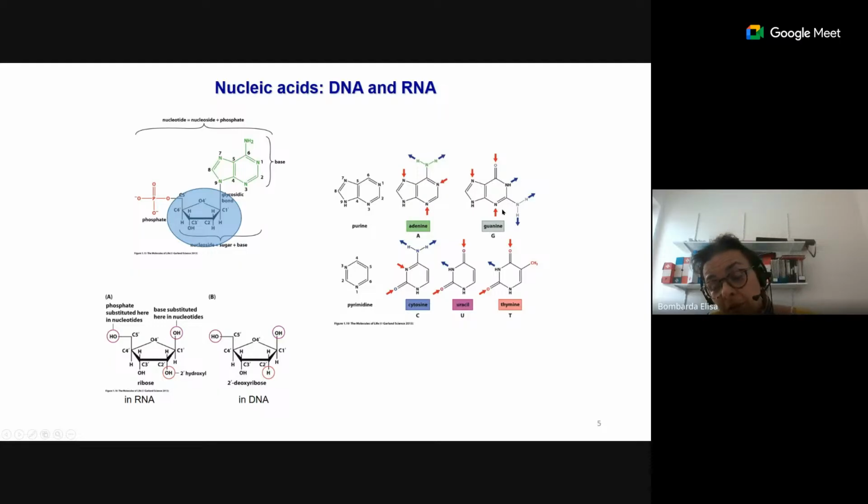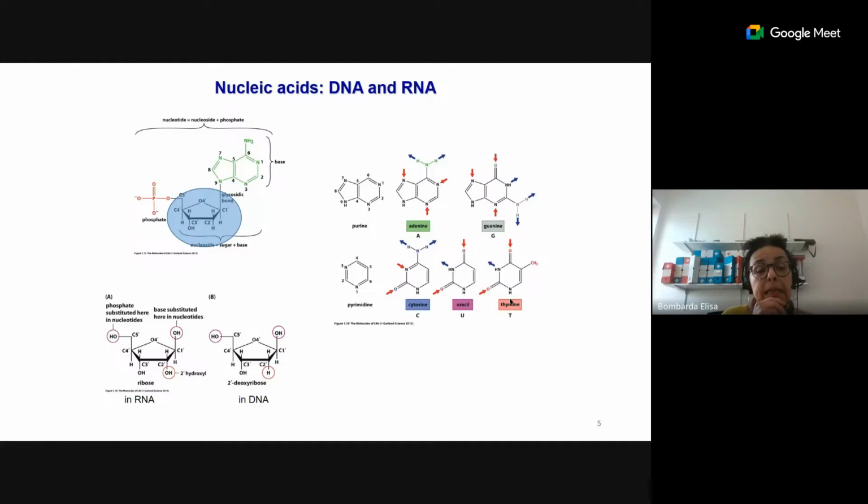So the amino acids are 20, and the nucleic acid bases are only 4. In DNA: adenine, guanine, thymine, and cytosine. In RNA, sorry, you have uracil in the place of thymine.